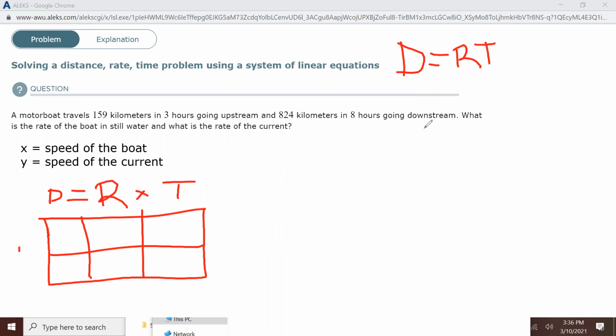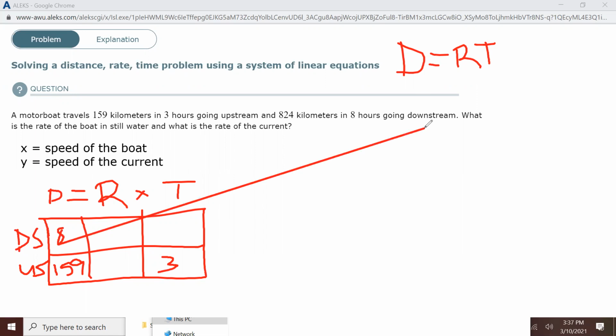One row would represent going downstream and the other one going upstream. So we know that a motorboat travels 159 kilometers upstream. So the distance upstream is 159, and it takes him 3 hours. And going downstream is 824 kilometers in 8 hours.